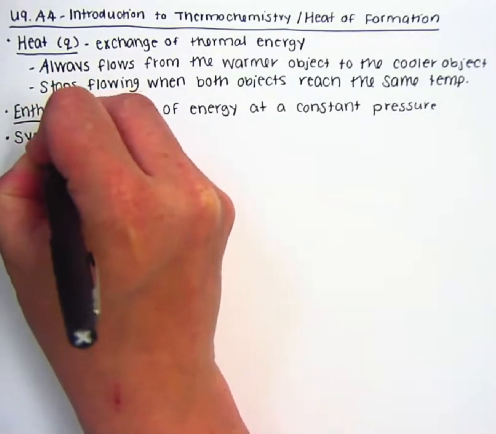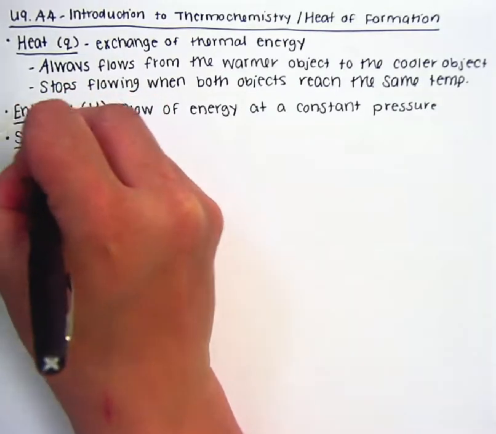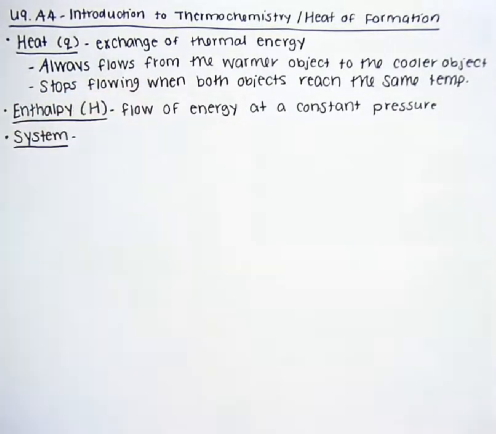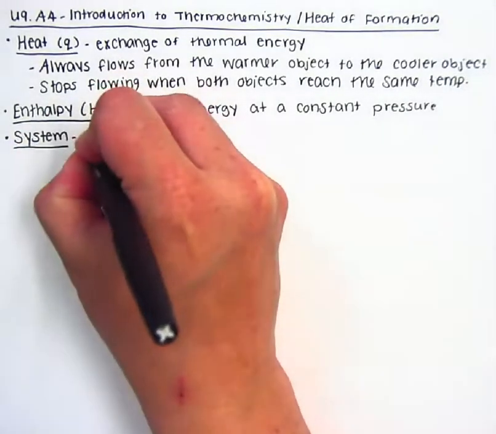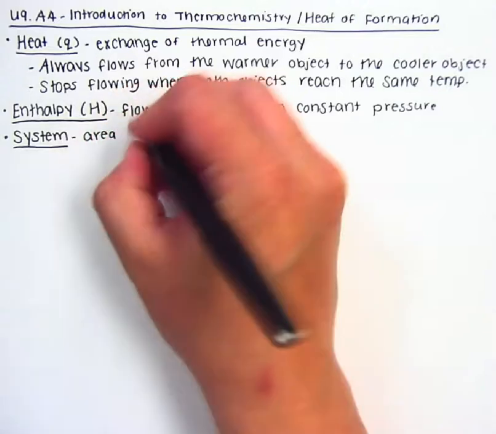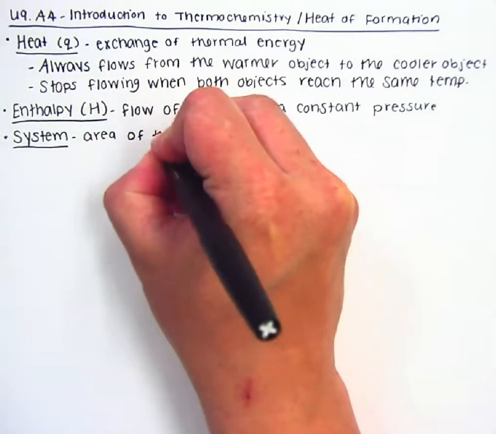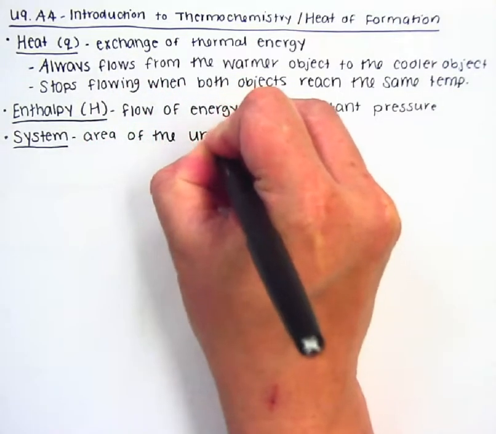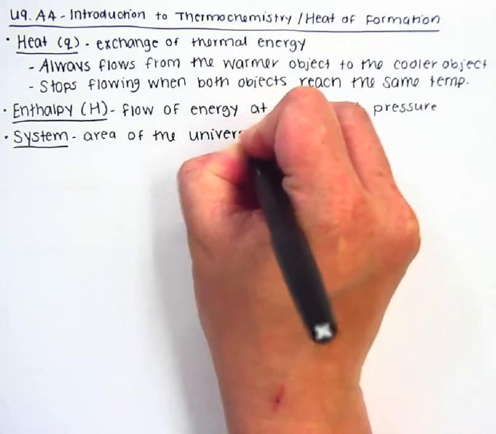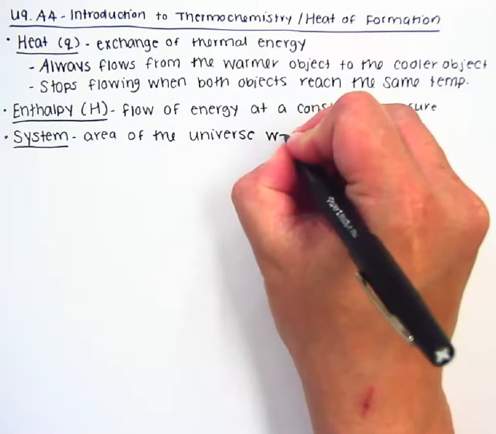So when we're talking about thermochemistry, it's going to be really important that we're always taking into account the system versus the surroundings. The system is defined as the area of the universe we are focusing on.